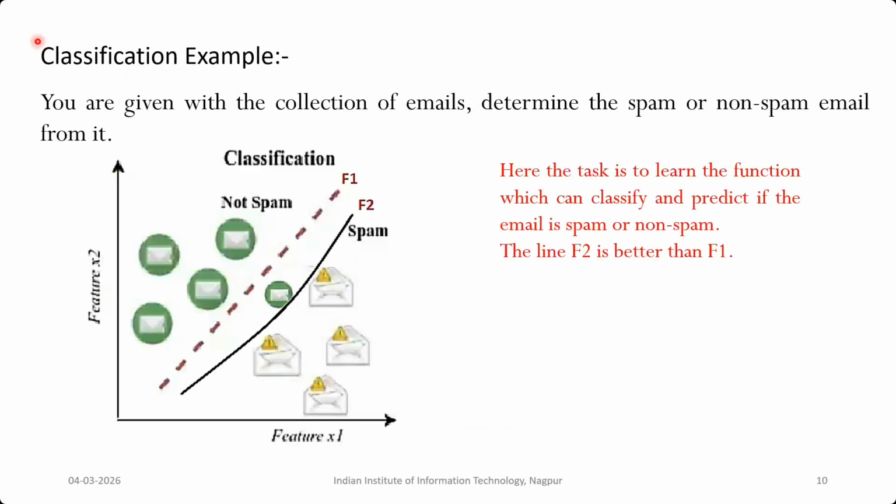One simple example of classification is predicting whether an email is a spam email or a not spam, or ham, email. You are given a collection of emails and need to determine the spam or non-spam emails from it.